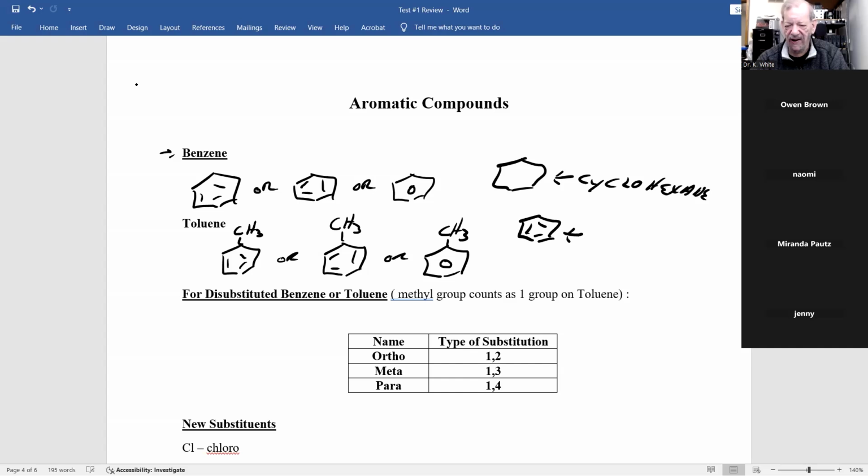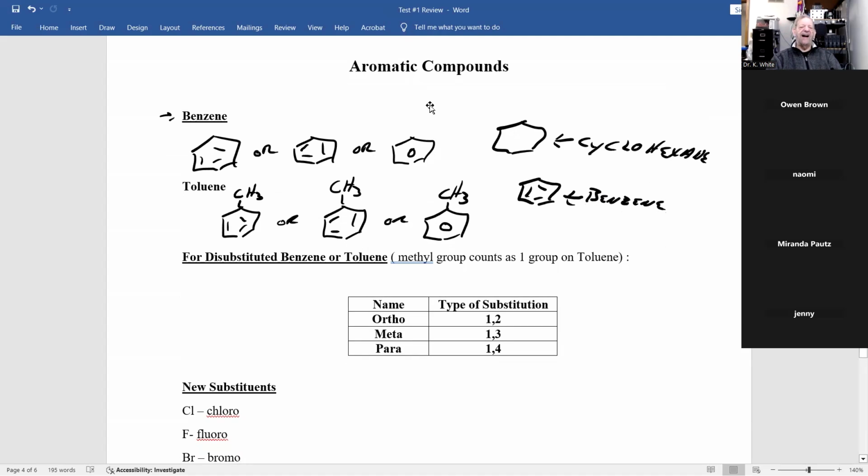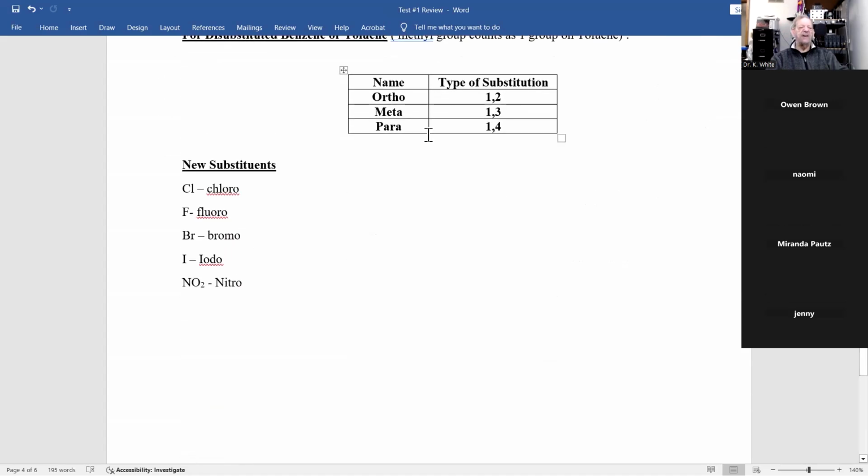Now, this is correct because that is benzene. Now, at this point, I taught you some new substituents besides the alkyl groups, and Cl is called a chloro group, F is fluoro, Br is bromo, iodine is iodo, and NO2 attached to something is the nitro group.